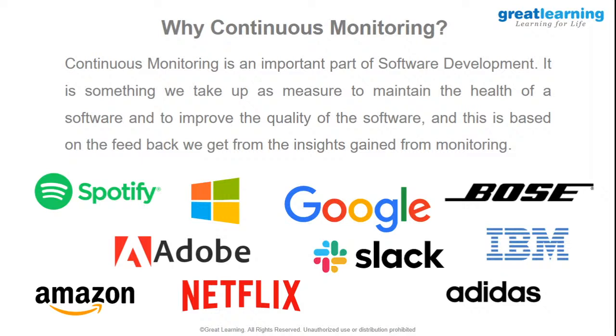Everyone tries to do monitoring because they want to make sure that the product or service they're providing is healthy and always up. If there are any issues, they can figure them out by monitoring. And if you want to make improvements after learning from those monitoring insights, you just do the improvement in the next cycle.